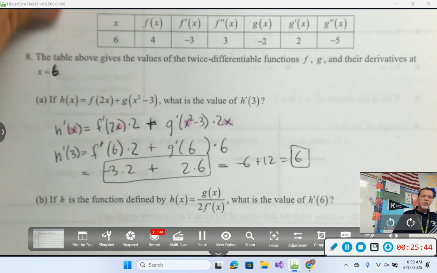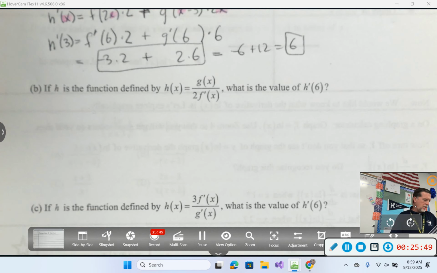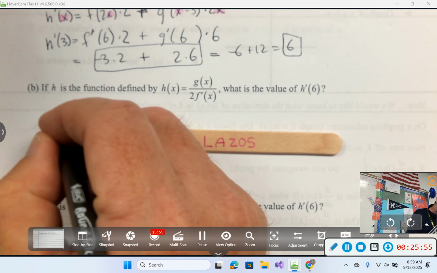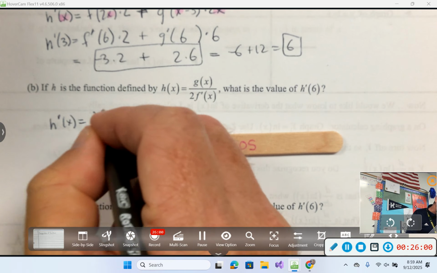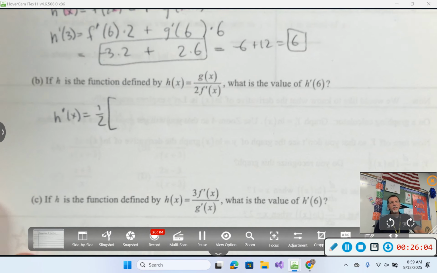Yeah, let's do B as well. So Daniel, what rule are we using for B? Quotient rule. I'm going to put the 1/2 out front, so I don't have to worry about that 2 every spot.